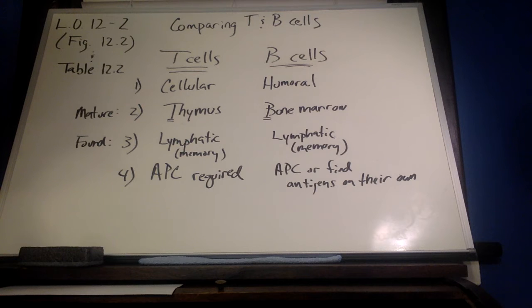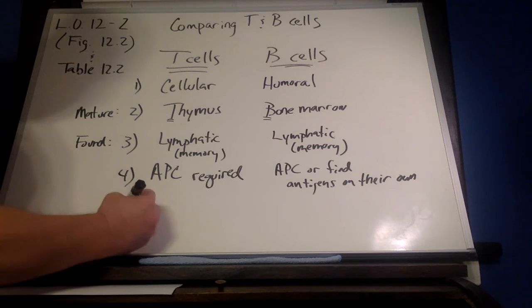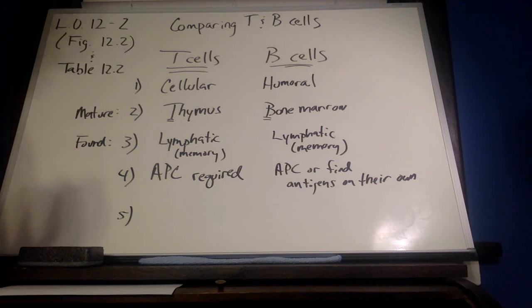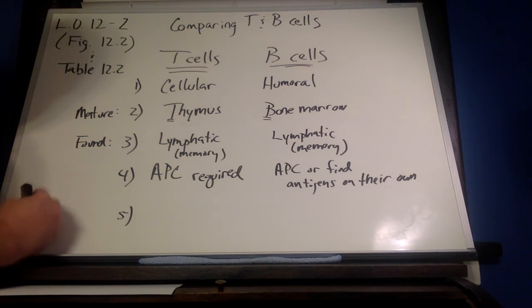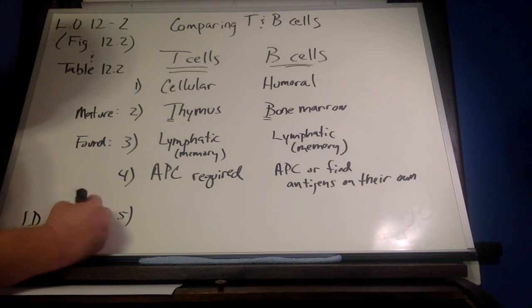Another way that they are similar is they both have memory cells, which is something I've already put up there. And how they are identified are what are called major histocompatibility complexes. So I'll come back to that later. But they have certain ID proteins.